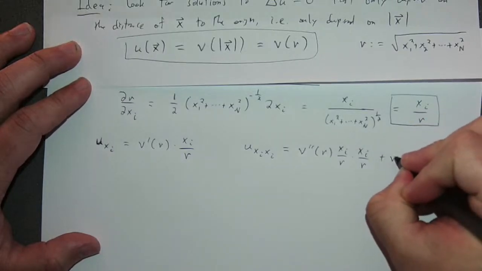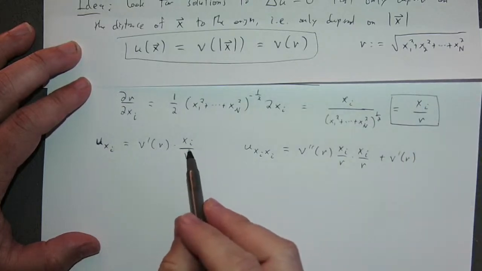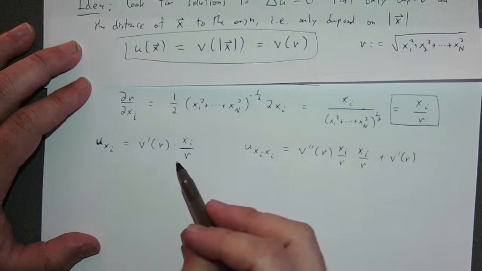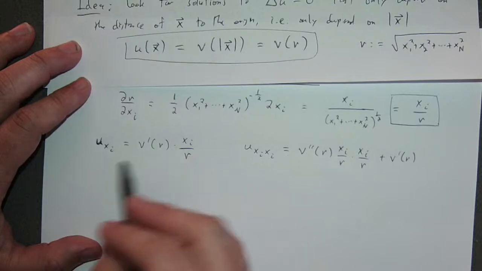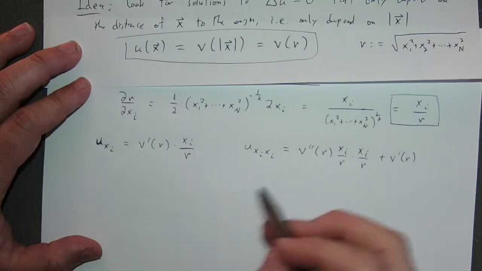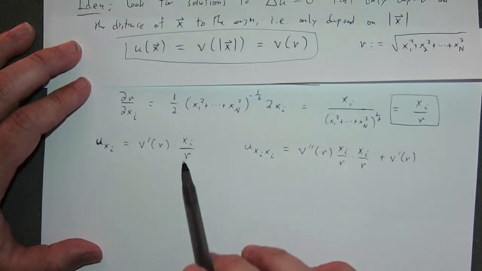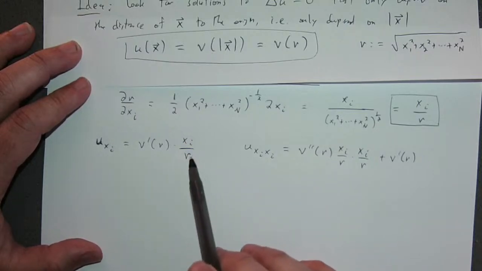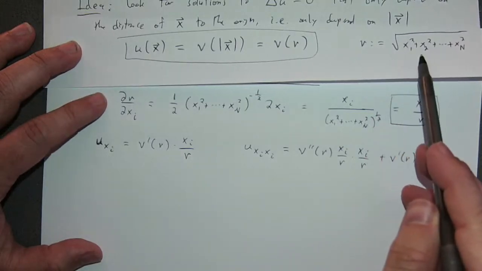Plus v prime of r times the partial derivative of x sub i over r with respect to x sub i. Here I have to be careful, because r depends on x sub i as well.